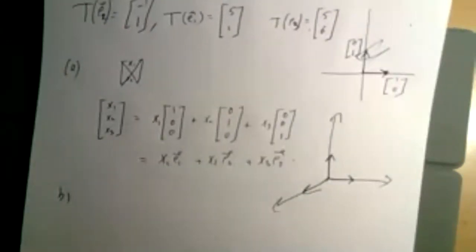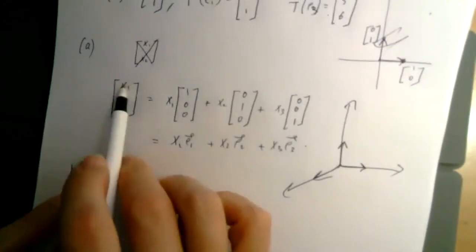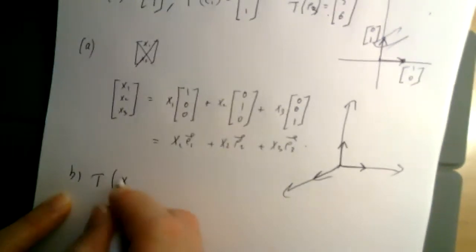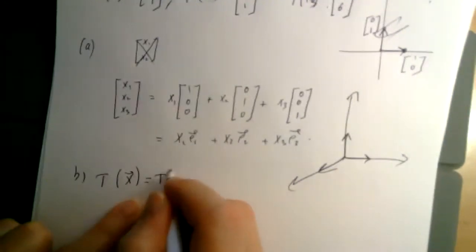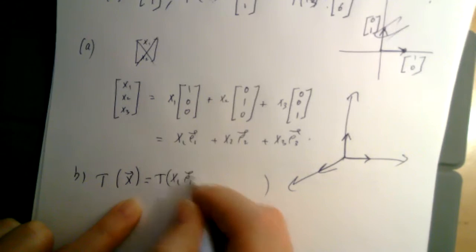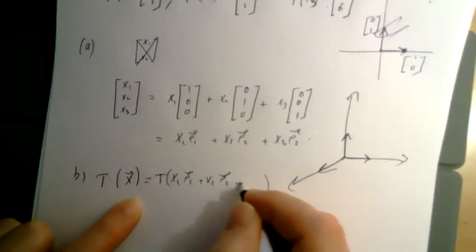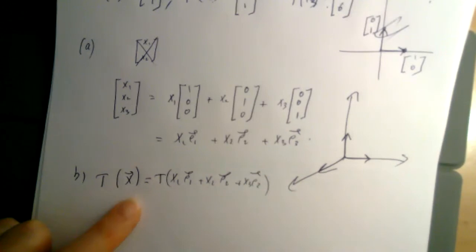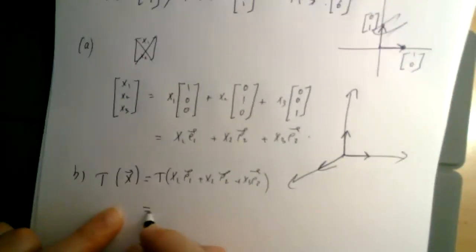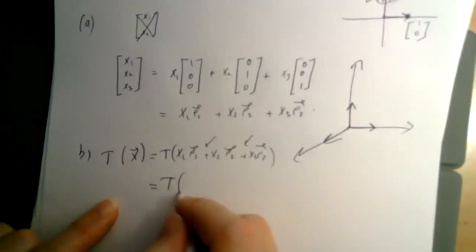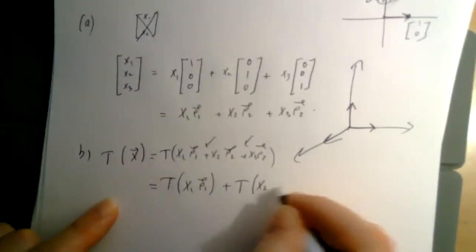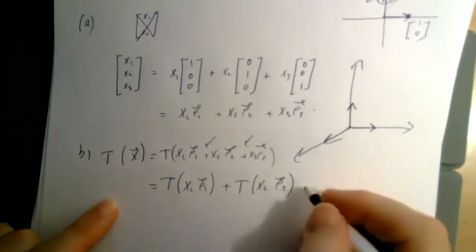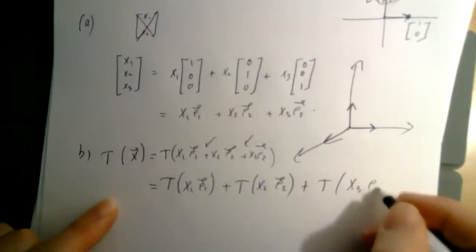And now part B is find T of x. So now with this in mind, can I find T of any vector? Now I'm going to use the linearity. It means T of x1 e1 plus x2 e2 plus x3 e3. Now linearity tells me you can break the sum. It means T of x1 e1 plus T of x2 e2 plus T of x3 e3.